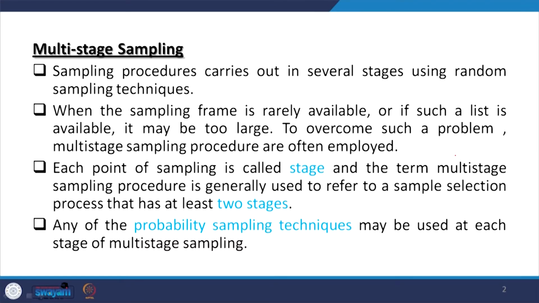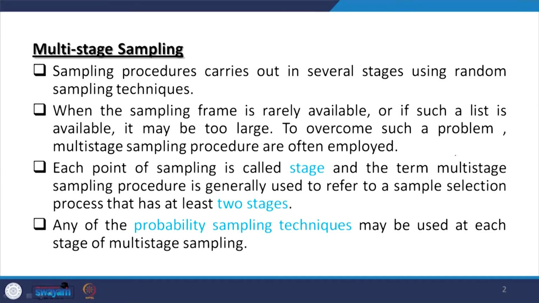If you club all the different tools of sampling under one umbrella, then generally these are called multi-stage sampling, but there is a systematic structure for understanding multi-stage sampling. So, let me go through point by point and explain the concept very clearly to you.